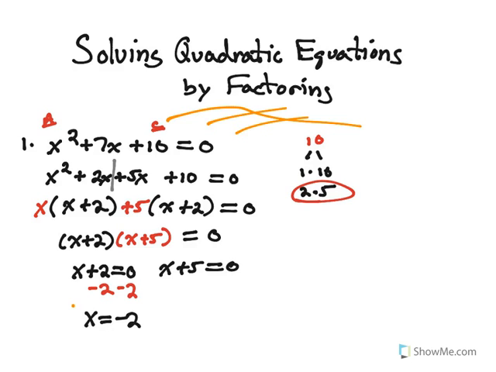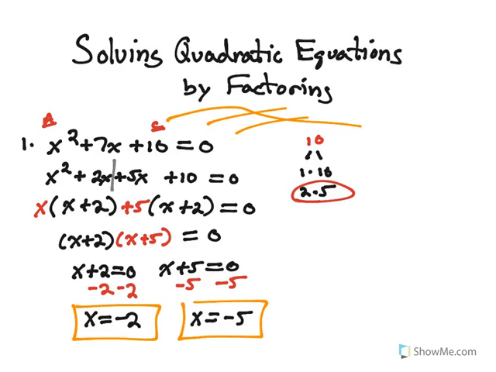That's going to be one of my solutions. And here I'm going to subtract 5, and then it's going to be x equals minus 5 as my other solution. So we just have to be able to factor when we do these.